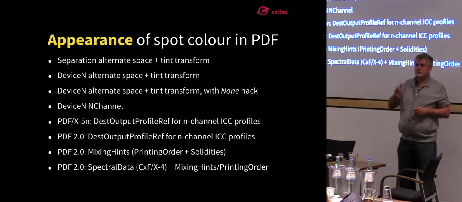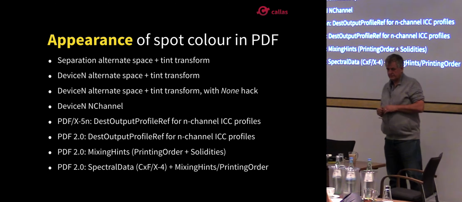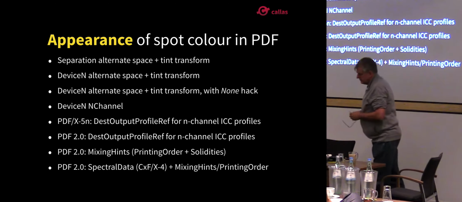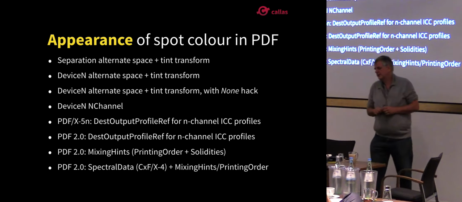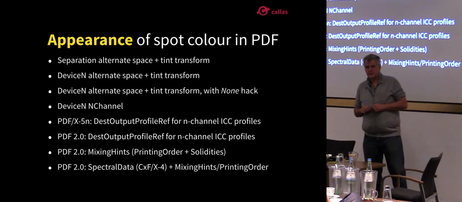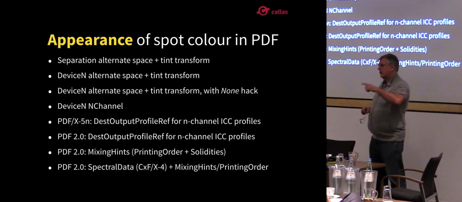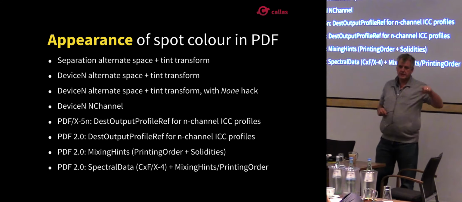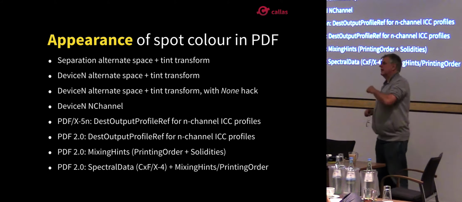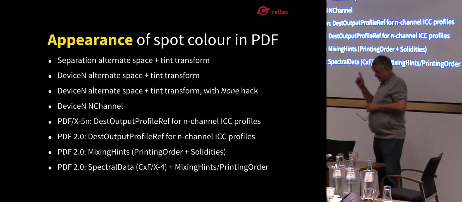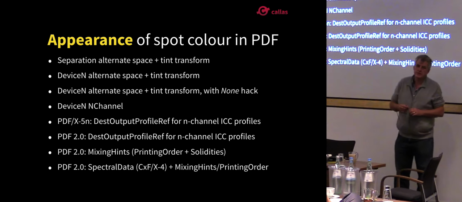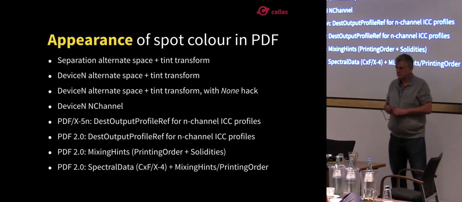So I could have cyan, magenta, yellow, black, and orange and blue, let's say. And if I have that as an output profile, I indirectly also characterize what the combination of inks as defined in the PDF and overprinting each other might look like on the output device that is characterized by such an N-channel ICC profile.